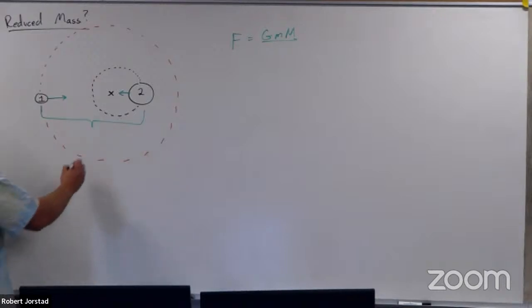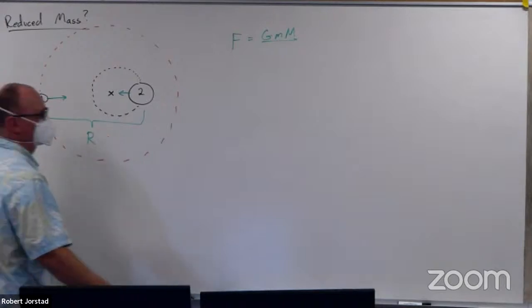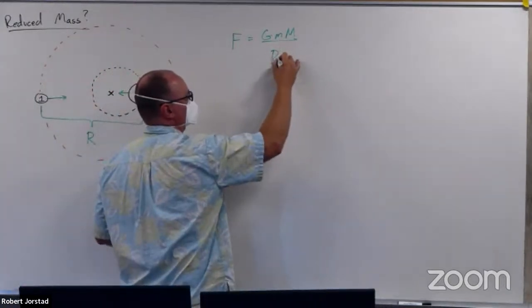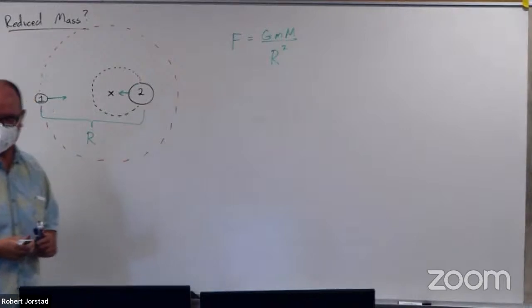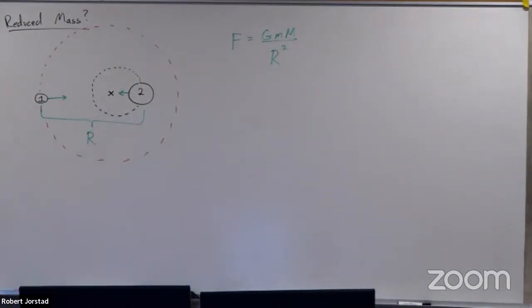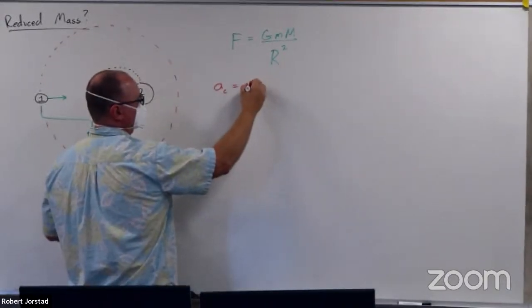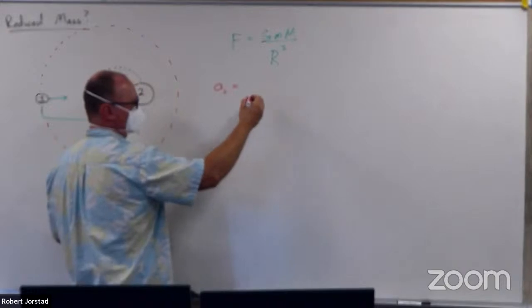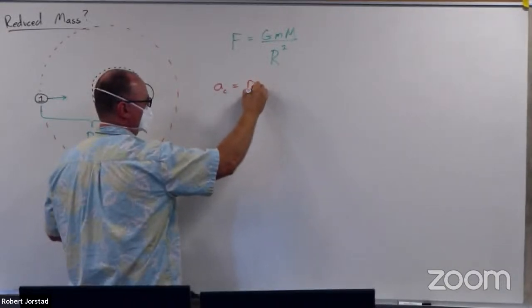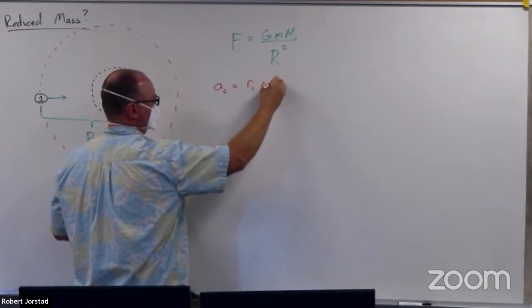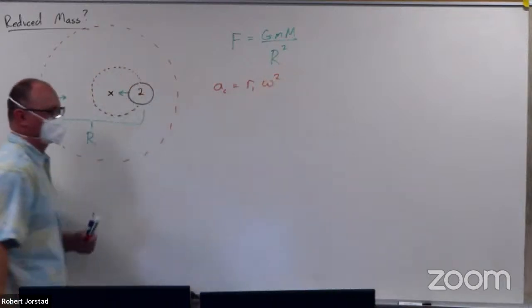Center to center distance I called R. Sorry about that, just trying to keep the notation. But now the circular motion, you could say it's v squared over r, or you could call it r omega squared.